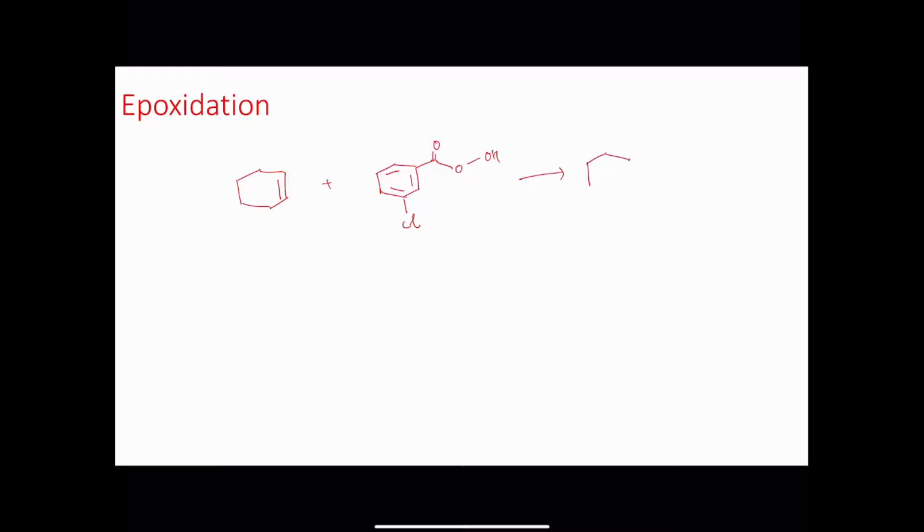And we're gonna form the epoxide as the main product. And we have metachlorobenzoic acid as a byproduct.